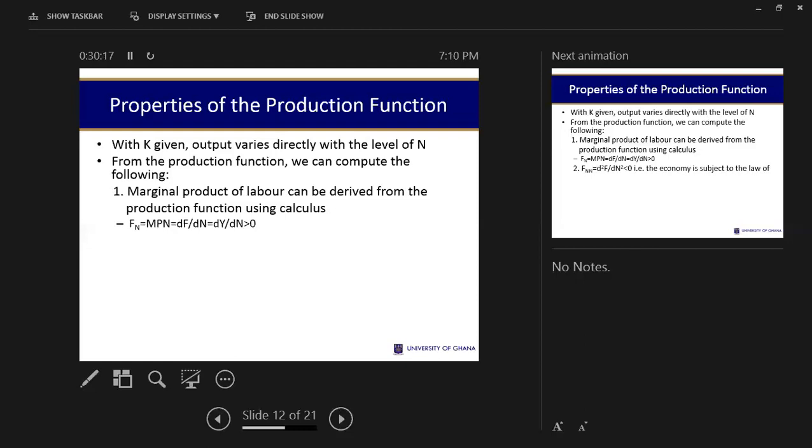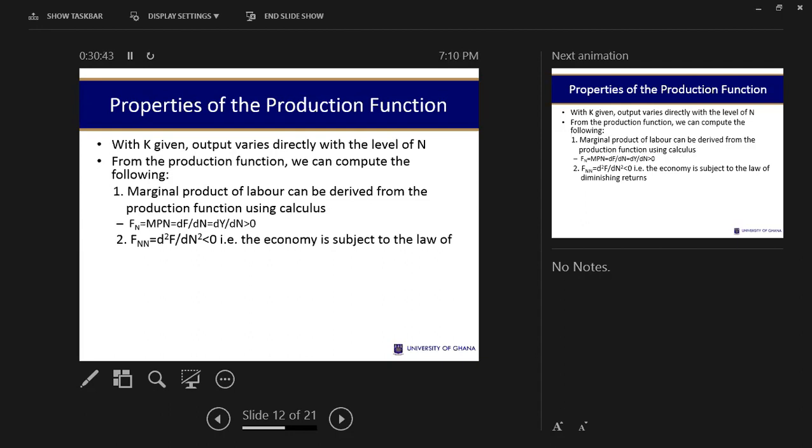So this is the necessary condition. You can be asked to prove the sufficient condition that there's a positive relationship between N and Y. For that one you find the second order, and the second order is supposed to be less than 0. So you find d squared Y over dN squared, and the answer is supposed to be less than 0.